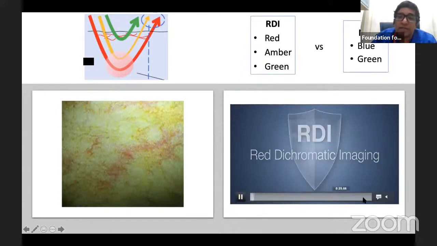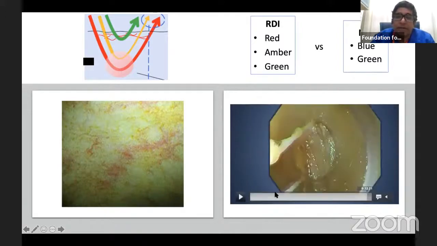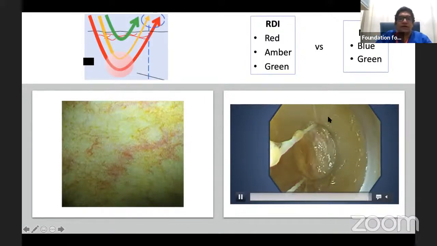So there will be a differential enhancement or coloring of the bleeding site, where you can pinpoint the bleeder much better. So this is the principle of RDI. It is to make the deeper vessels more prominent, and two, in a pool of blood, you can identify a bleeder much better. And it is supposed to reduce stress on the endoscopist's mind.